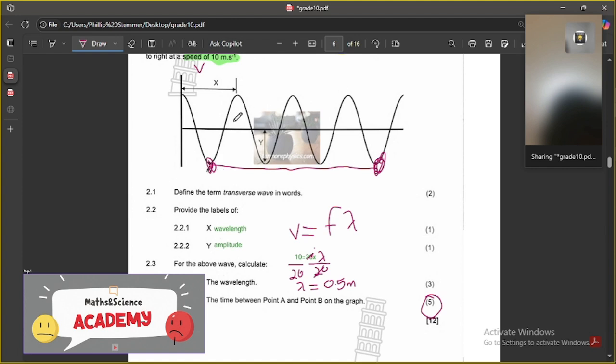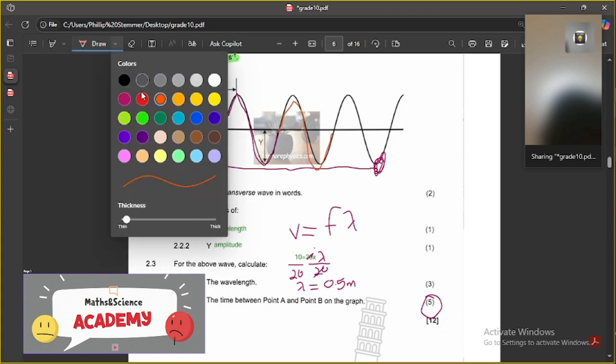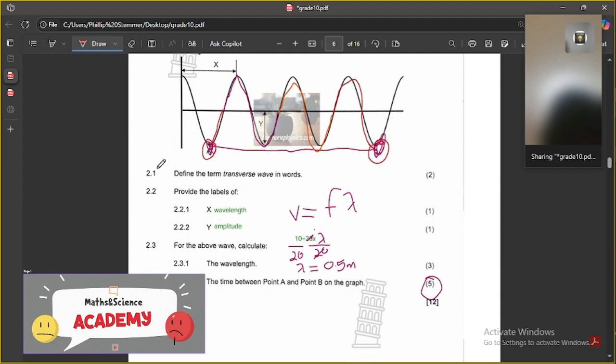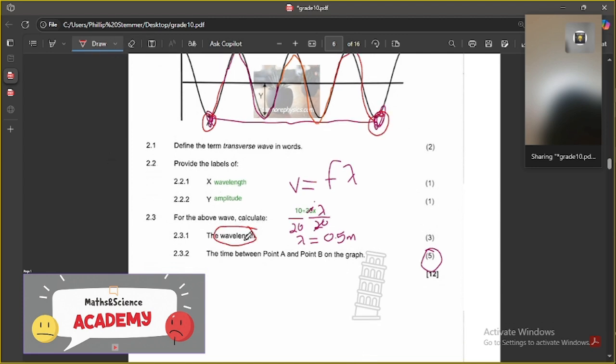How many waves are here? We have the first wave, the second wave, and the third wave. So in this case, we have 3 waves. So the wavelength from A to B is going to be 3 times 0.5, which is 1.5 meters.